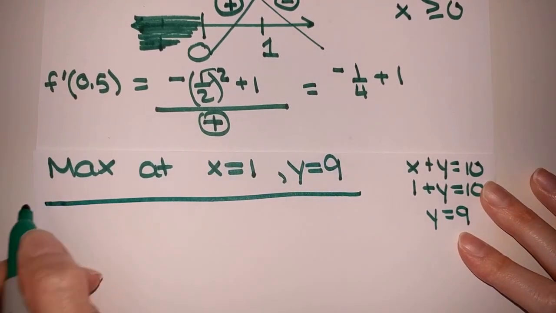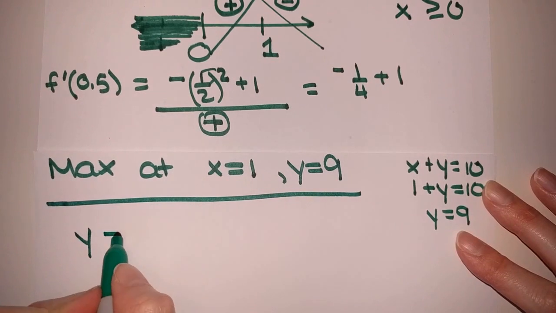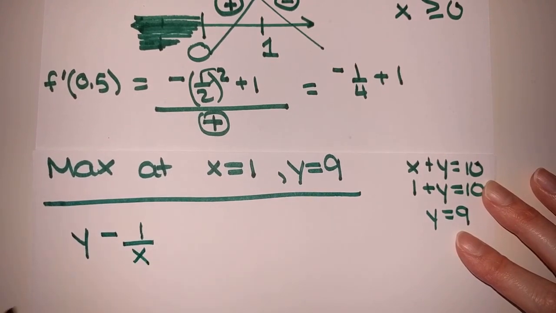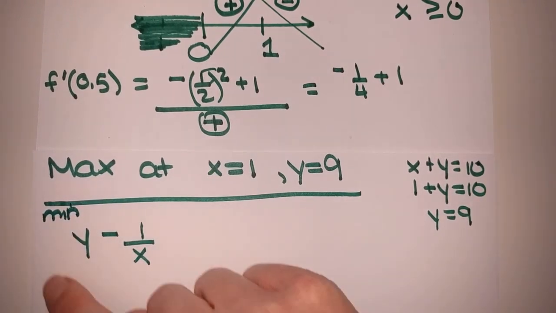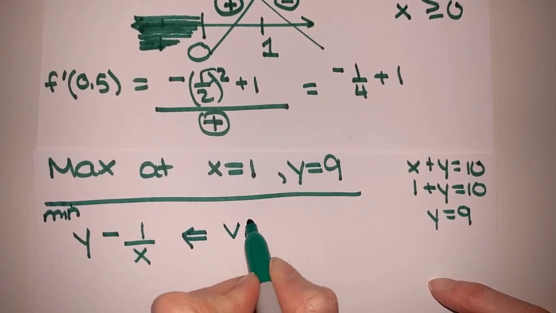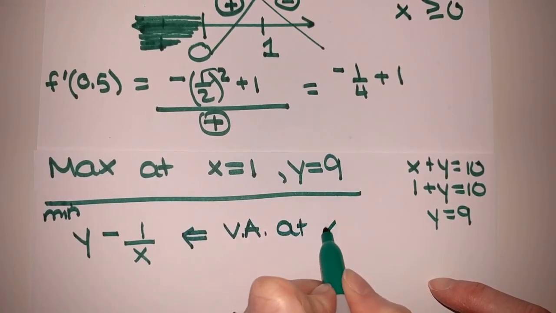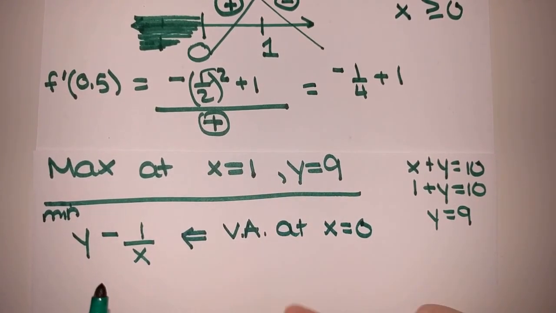Now, if you look at the structure of this objective function, we have y minus 1 over x. And the question is, what is going to minimize this function? Now, if you just look at this, this is going to have a vertical asymptote at x is equal to 0. Okay? And that is very relevant because remember that with vertical asymptotes, we never actually hit that value.